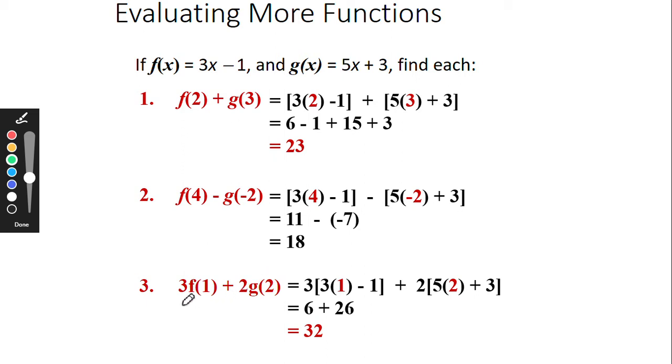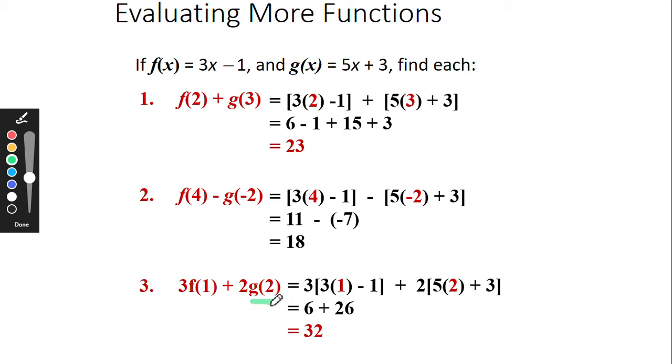Look at this one here. We should find 3 times f of 1 plus 2 times g of 2. Very easy. You can find the value of f of 1. Whatever value you get, you multiply it by 3. Then you find what the value of g of 2 is.